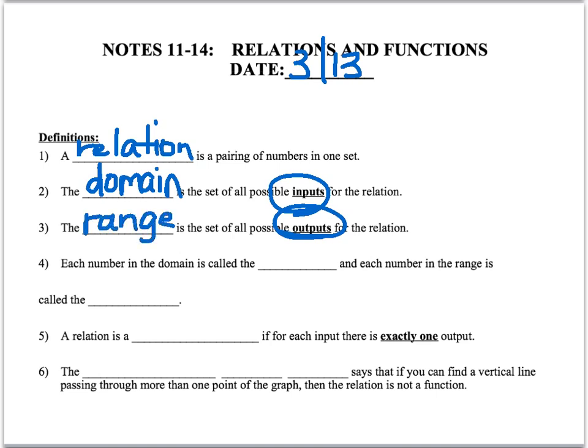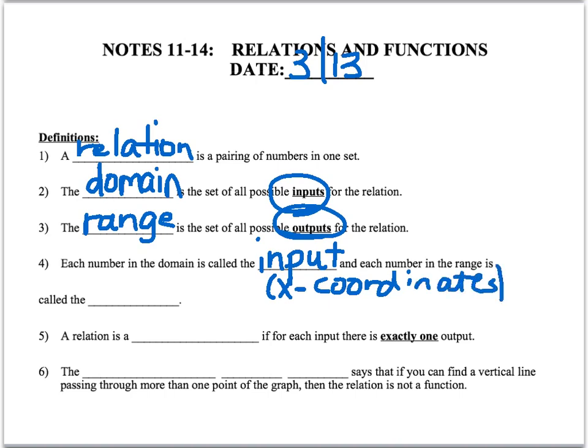So saying this the opposite way, each number in the domain is called an input. It's all of your x coordinates. And each number in the range is called the output, and so that is your y coordinate.